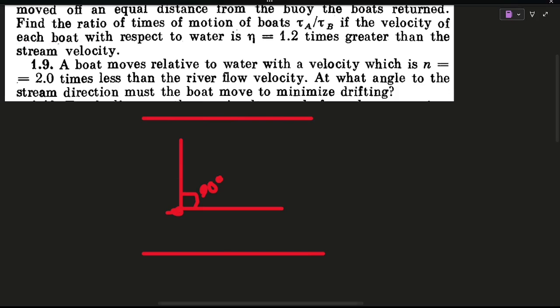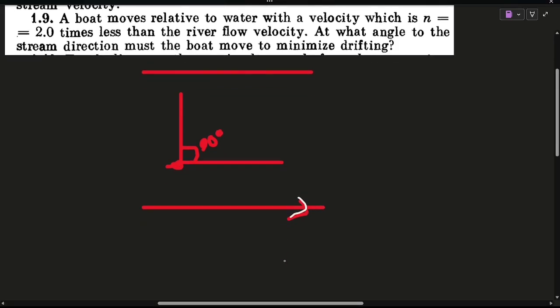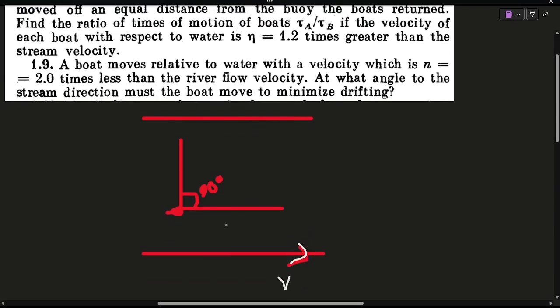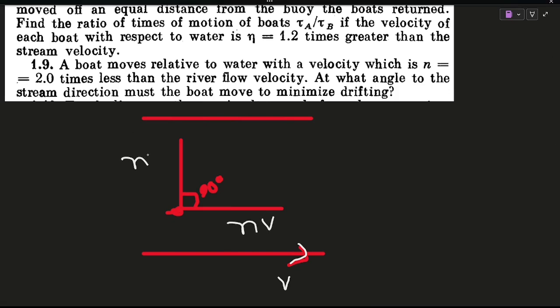Let's assume each boat's velocity with respect to water is greater than the stream velocity. Let's assume the stream velocity is v, drawn in a different color. They tell us that the velocity of each boat is nv, so this boat nv and this also nv.